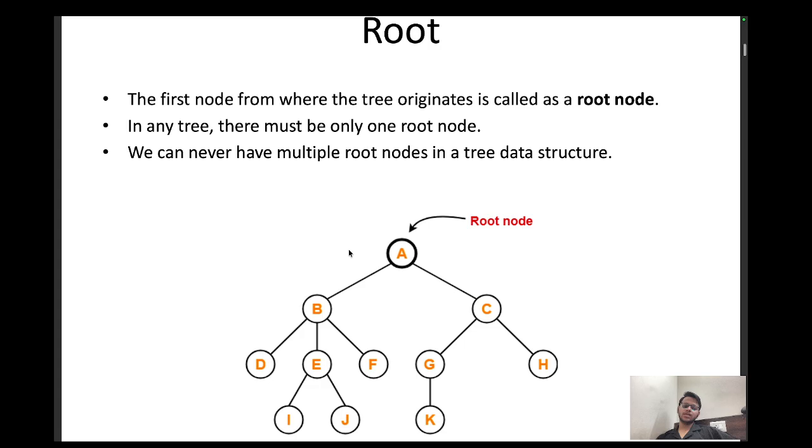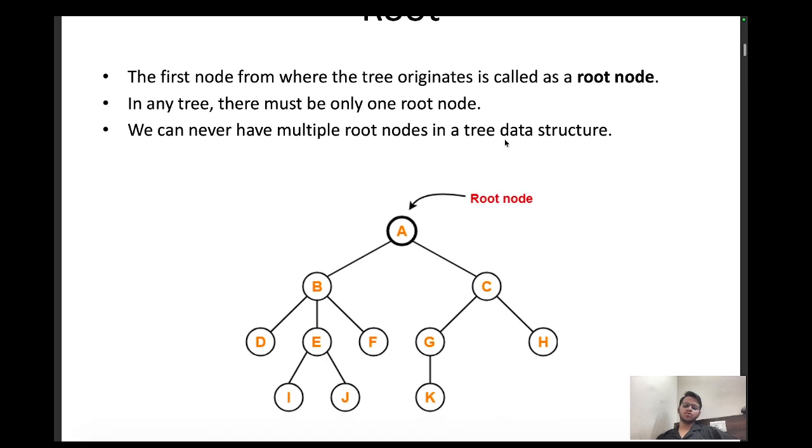Now let us see what a root node is. The root node is the uppermost node of the tree. Here we have root node A. As you can see, that is the uppermost node. And if we compare level wise also, there is level 0, level 1, level 2, and level 3.